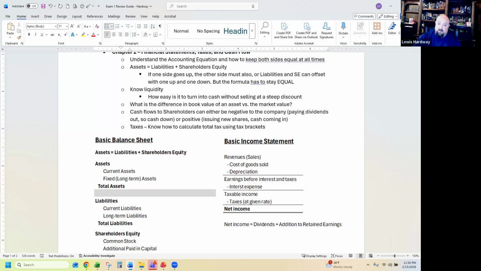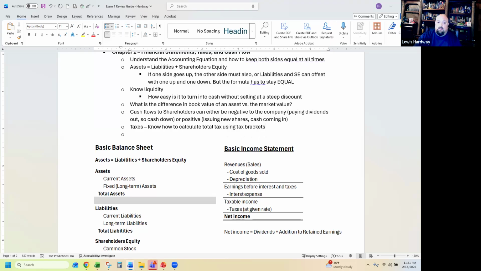It would give you what the different tax brackets were, and then you need to know how to calculate the average tax rate.